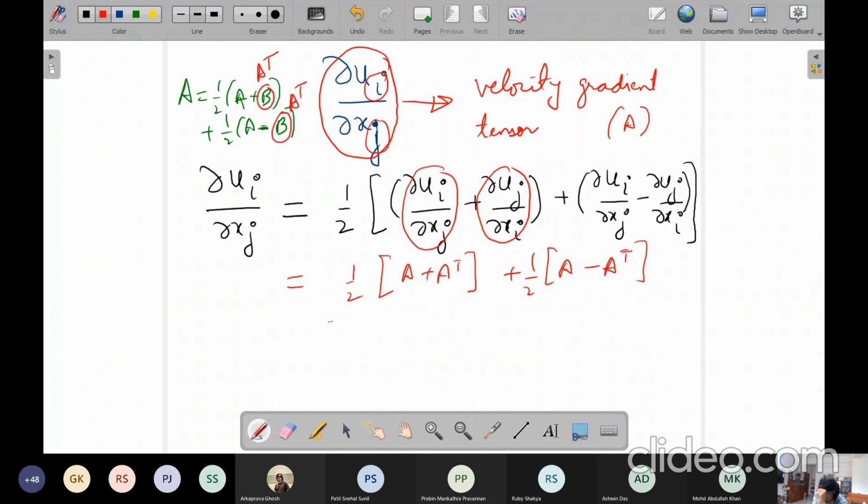And if you recall one of your early lessons in matrix algebra, every matrix can be written as a sum of a symmetric and a skew symmetric matrix. So here, that is what we are trying to write and describe it physically. So this is symmetric and this is skew symmetric.